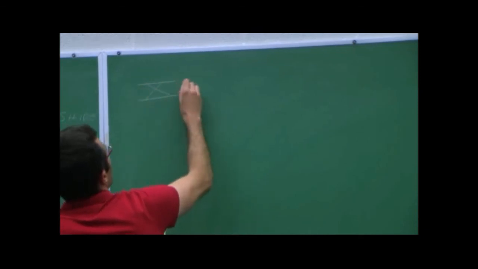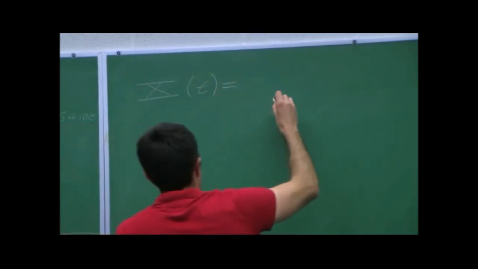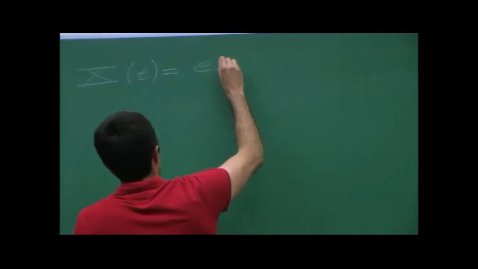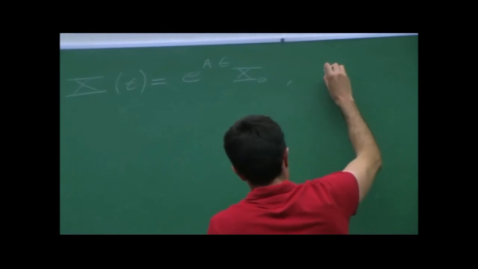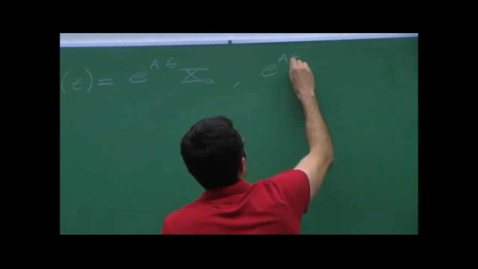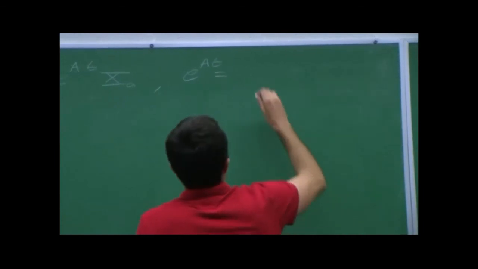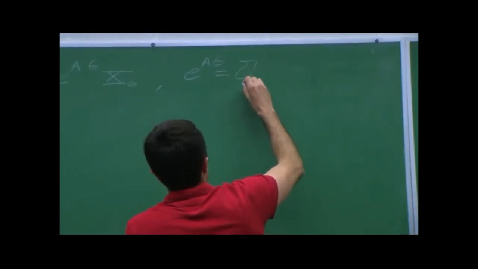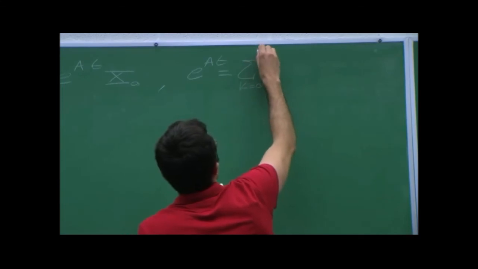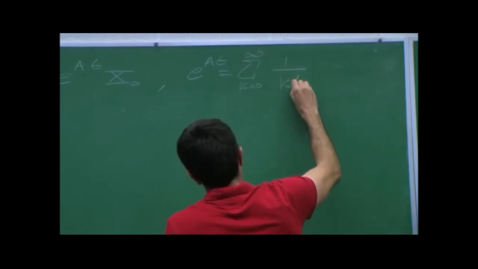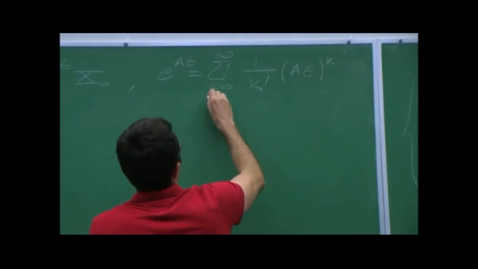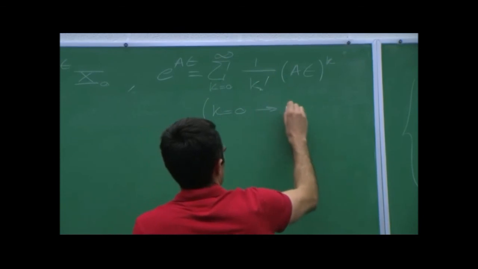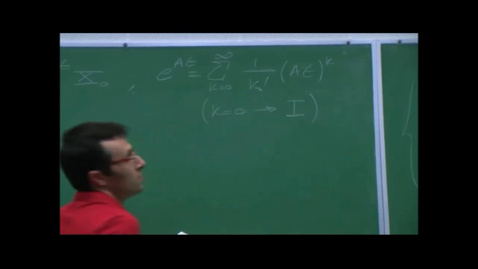Does this look familiar? e to the A t times x0, where the exponential of a matrix times t is this infinite series, k from 0 to infinity, 1 over factorial k, A t to the kth power, where k equals 0 implies the identity matrix. Does this look familiar?